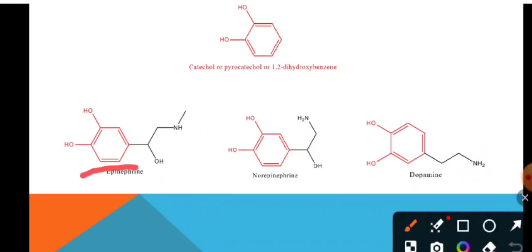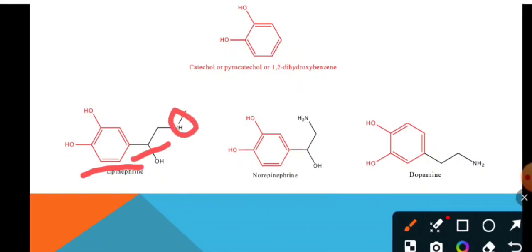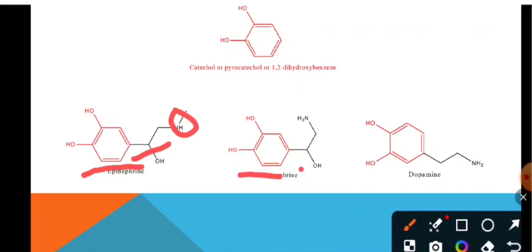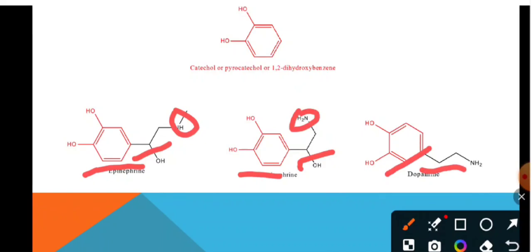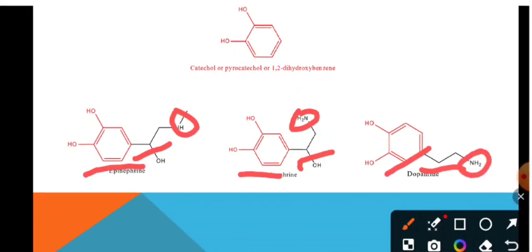Derivatives of, this is the phenyl ring, this is the ethyl chain, and this is the terminal amine group. In all the three structures, this is the phenyl ring, this is the ethyl chain and the terminal amine.